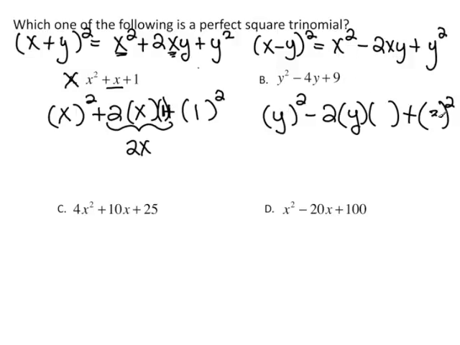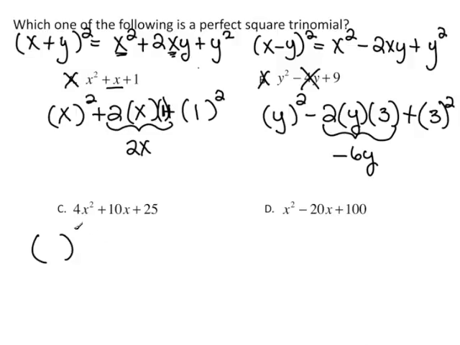And then 3 times 3 gives me 9, so I'm going to put the 3 there. So I'm going to see if I get this minus 4y in the middle. Negative 2 times y is negative 2y, and negative 2y times 3 gives me a negative 6y. So you can see how I didn't get this negative 4y. Therefore B is also not a perfect square trinomial.